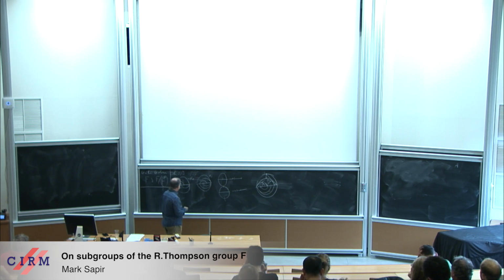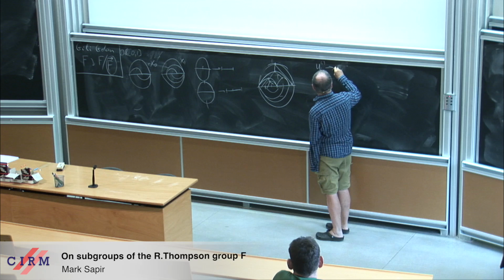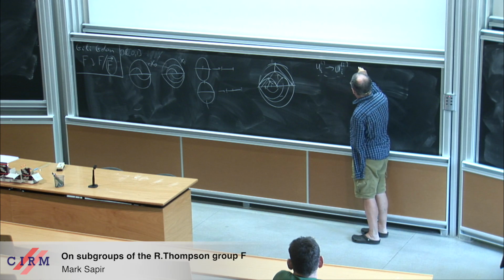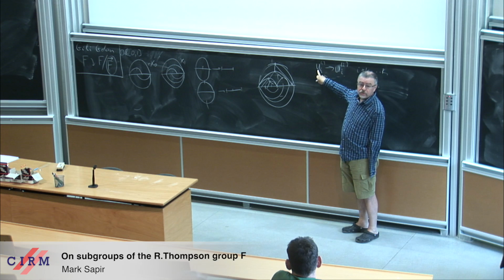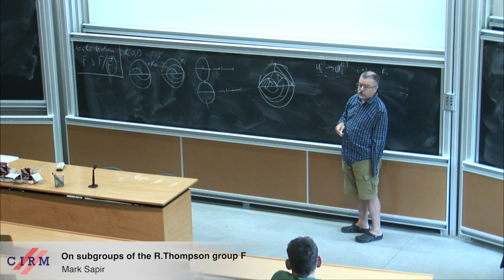It acts by substitutions. Every element of Thompson group can be represented something like this: U_i goes to V_i, for i from 1 to k, where U_i and V_i are both words in 0 and 1.